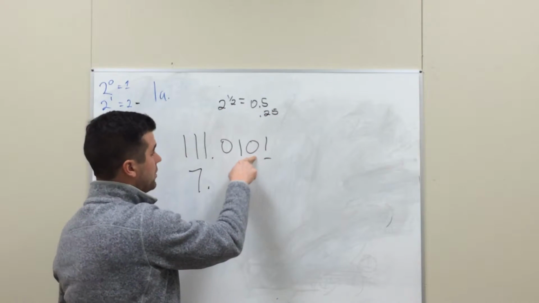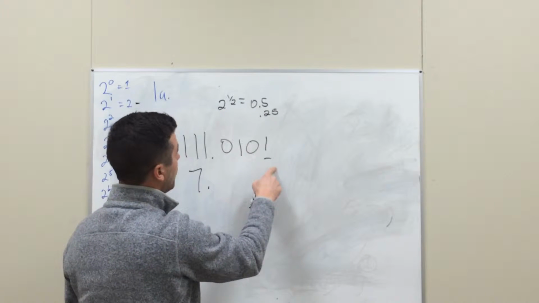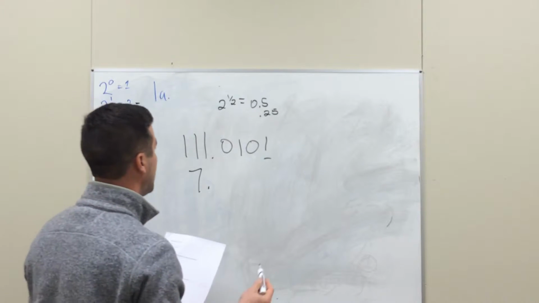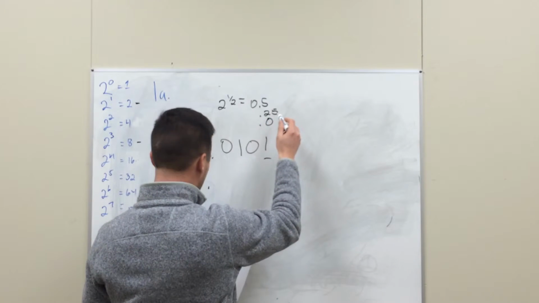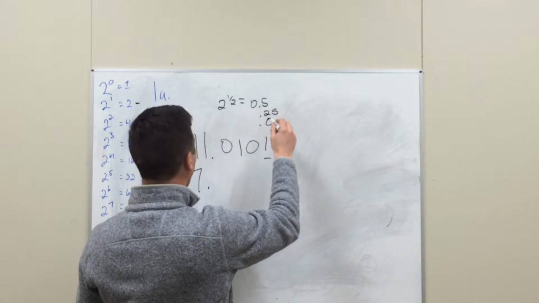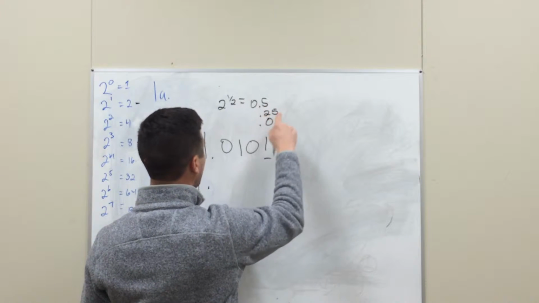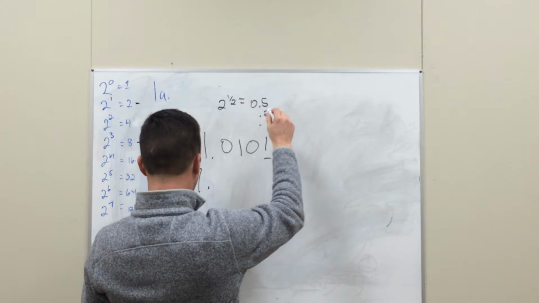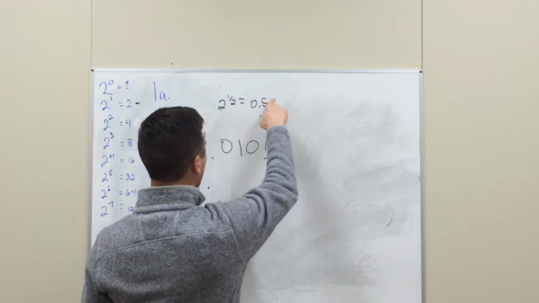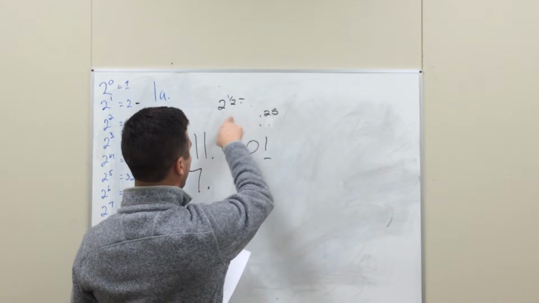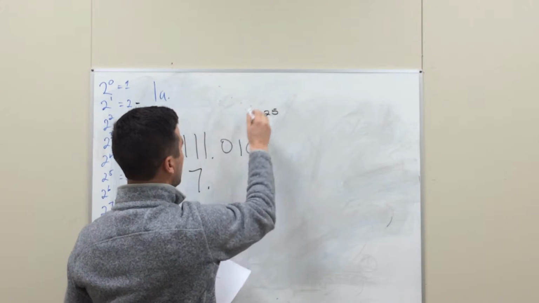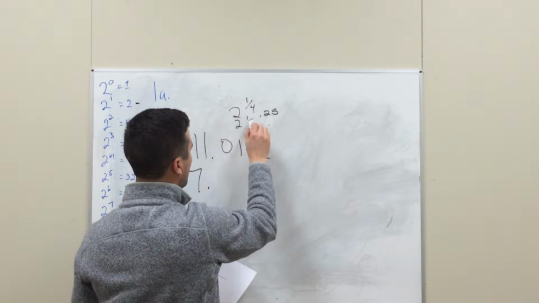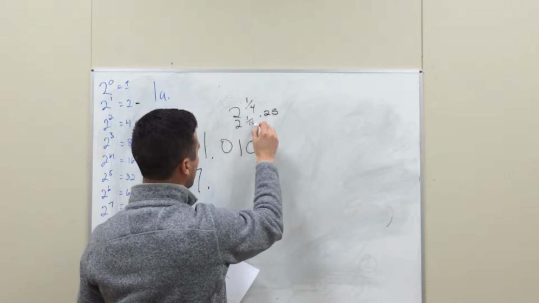2 to the 1/8 doesn't matter here. 2 to the 1/16 is the next thing that does matter here, all right? And that comes out to 0.0625. We don't have a 0.5 here. This place isn't there, so this is 2 to the 1/4, 2 to the 1/16.